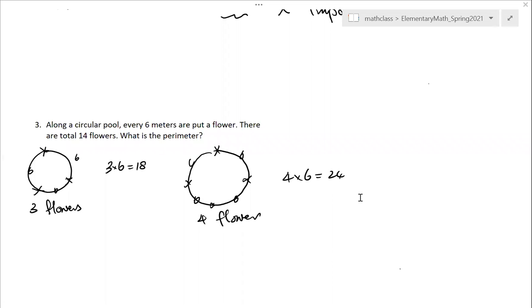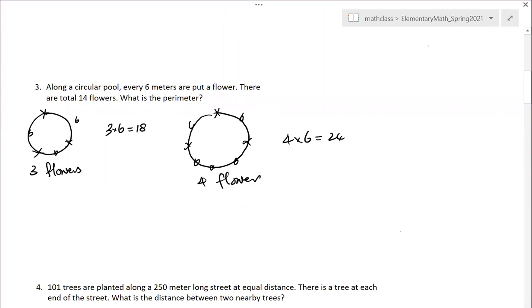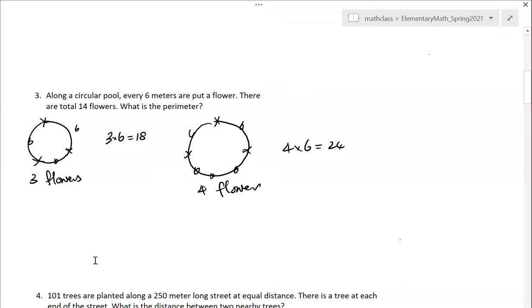All right, so 14 flowers. Okay, 1, 2, 3, right? Then it's 14 times 6, which is 84.